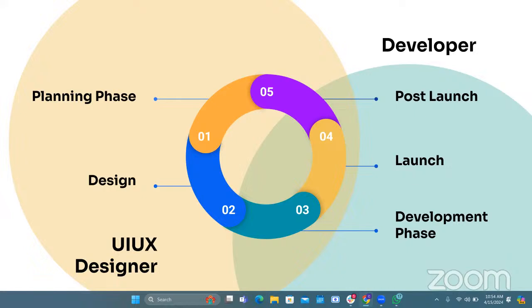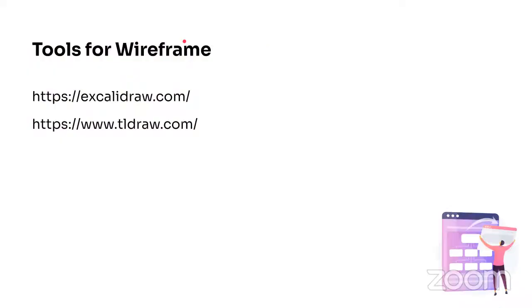I mean, during the process of developing the program, does a UI/UX designer have access to check what the developer is doing? Okay. So yes, the question is just yes.